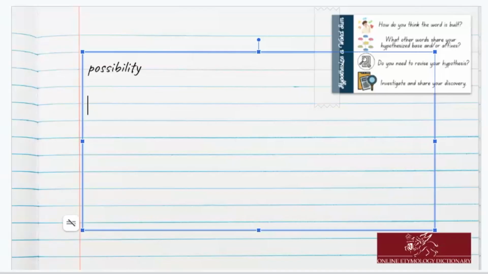Because possibly, okay. I actually don't know. I'm not sure what the base might be. If it's possible, IBLE. SIBLE. POS.